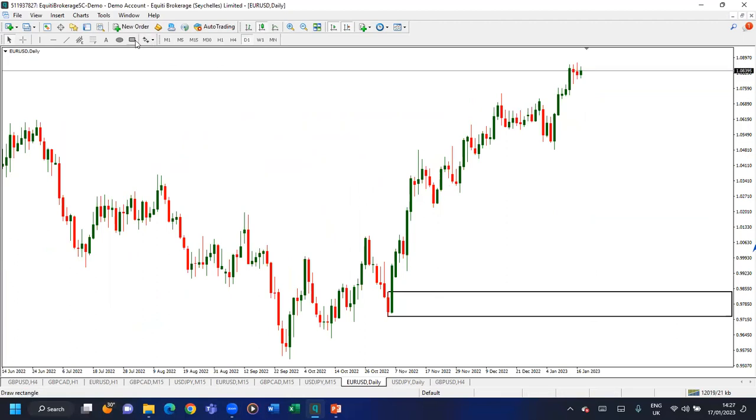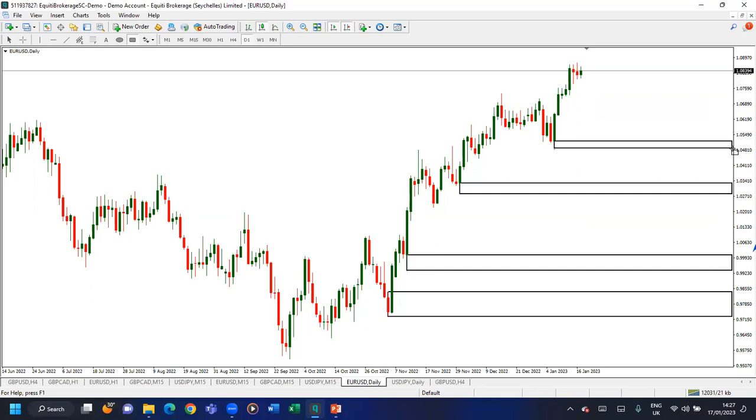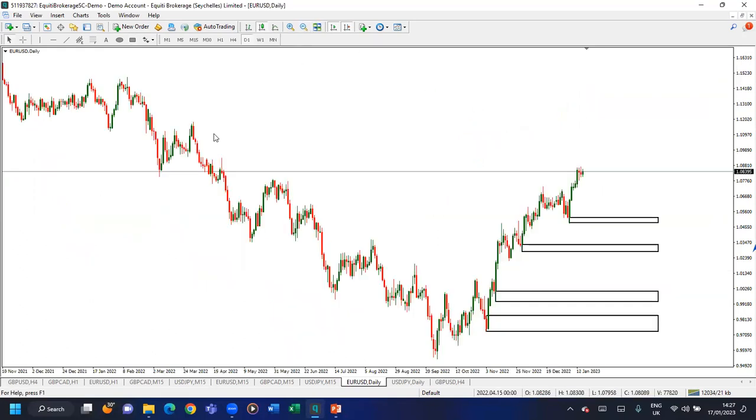So I am identifying my key levels, starting from a higher time frame, daily. Once I'm done identifying on daily time frame, I will refine to 4 hours time frame. From 4 hours, I'll refine to probably 1 hour time frame. Then I'll look for my entries from these time frames. What am I doing here? I am identifying my order blocks.